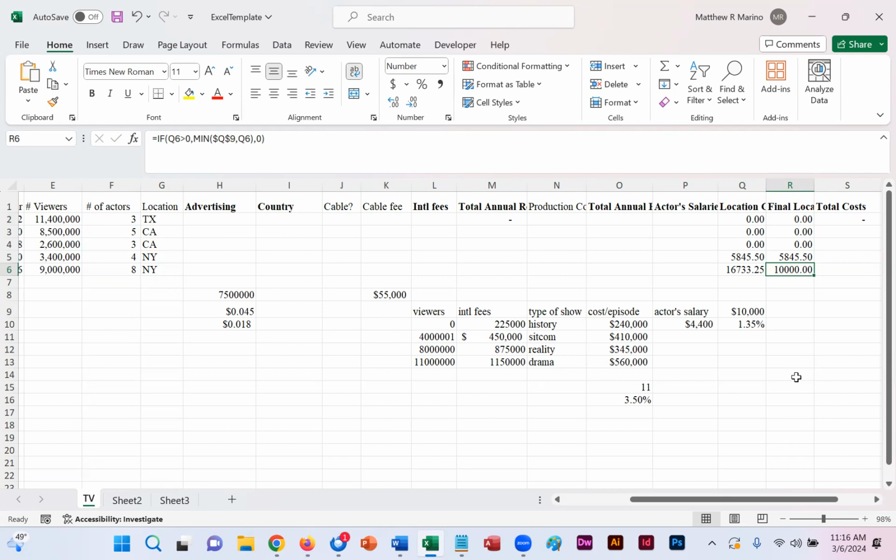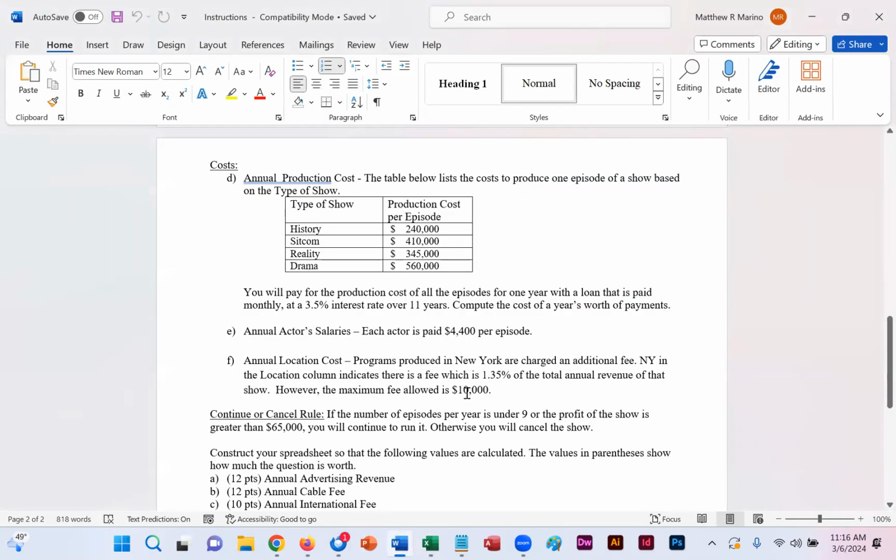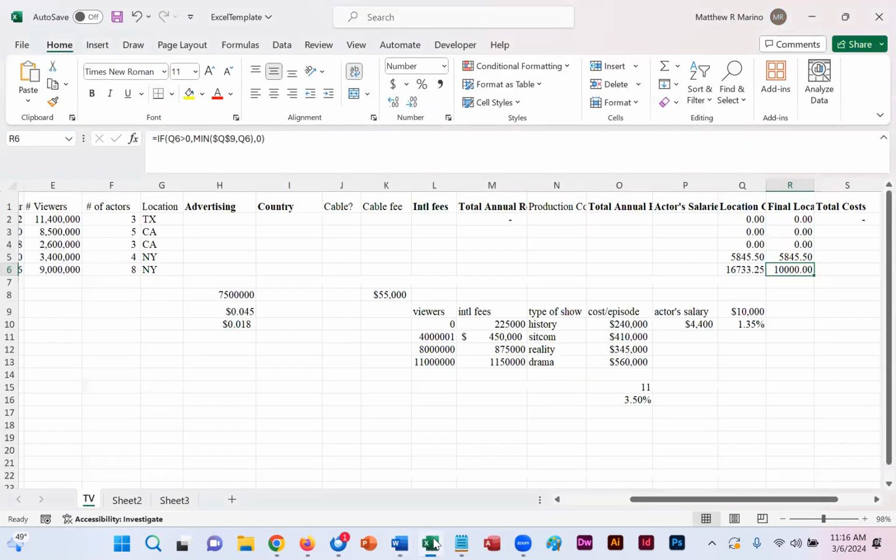And then the last one, the regular location cost is $16,733.25, which then it takes the minimum of the 10,000 instead, because the maximum fee allowed is 10,000. So since that's over 10,000, this formula drops it back down to 10,000.